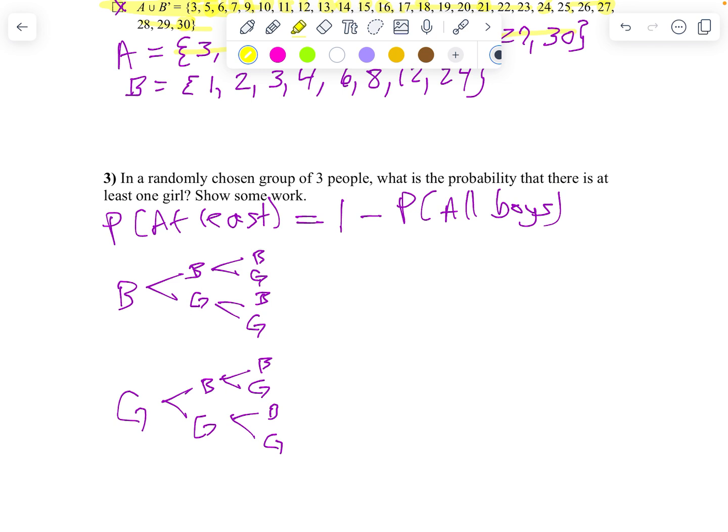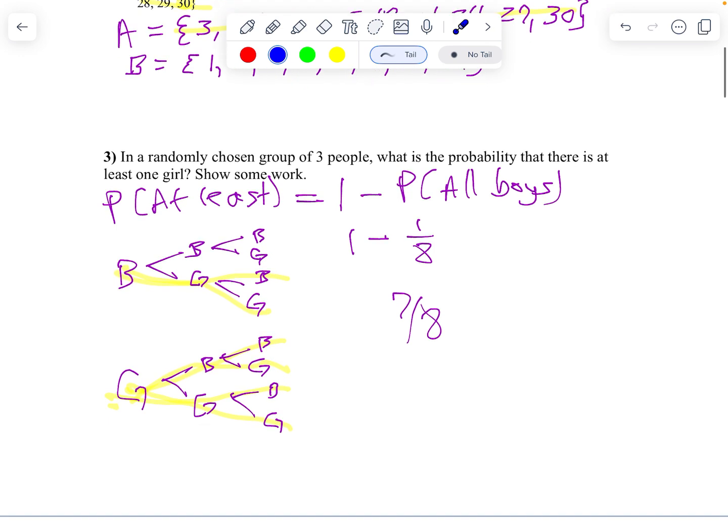The first strand has all boys, but every single one has at least one girl. In other words, there are 8 outcomes, and all boys would be 1 out of 8, or 7 out of 8. I could just count 1, 2, 3, 4, 5, 6, 7 out of 8 would give me at least one girl. Sometimes you might have 2 or 3 girls.